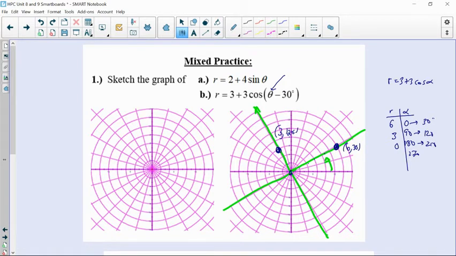So even though it's still at the origin, so I can't really tell what its value is, I still need to label it as 0, 210, because that's what would fit this equation. And our last one, the 270, would go back to 3, because cosine of 270 does nothing, but that 270 is really 300. So 1, 2, 3.